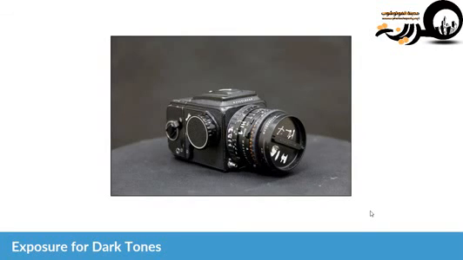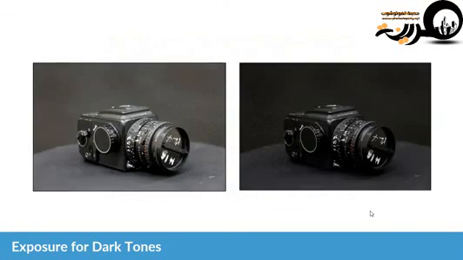But here, this might look like an okay subject, but remember it's a deep black background with a black object that has detail. This exposure looks grey. The background looks grey, the object looks grey, the camera looks grey, and it's not representing the tones as they should be, okay? So this is a little bit tougher to see, but when we compare the two photographs side by side, we can see this difference very, very clearly.